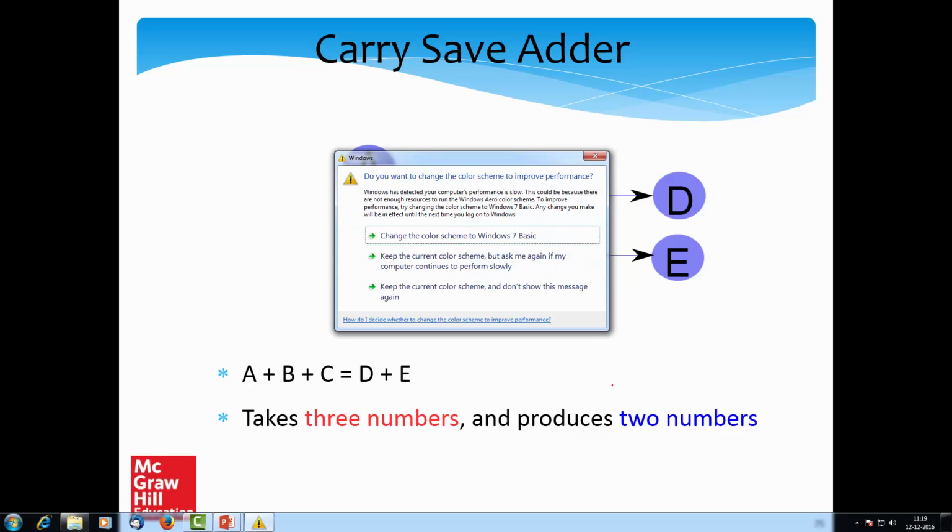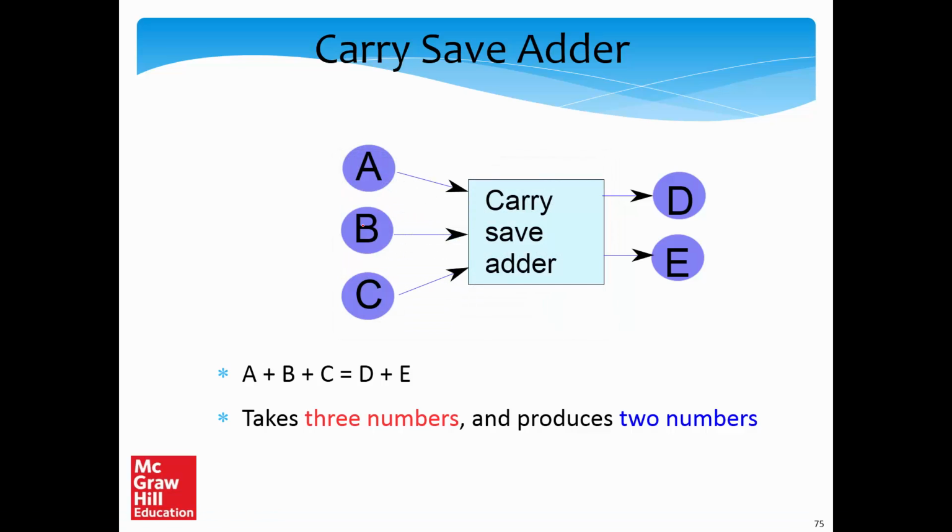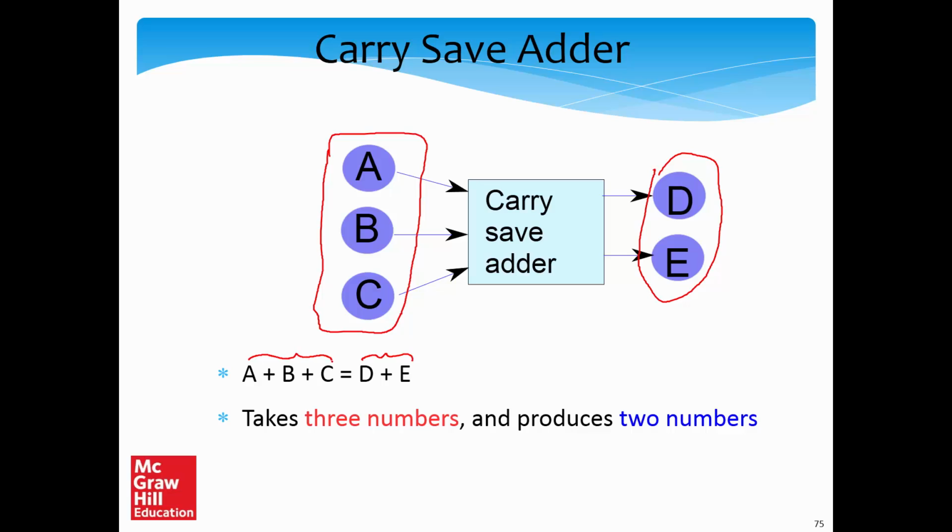What the carry save adder does is that it takes three numbers A, B, and C, and it generates two numbers D and E such that A plus B plus C is equal to D plus E. Essentially it takes three numbers as inputs and produces two numbers as output, such that the sum of D and E is the same as the sum of A plus B plus C.